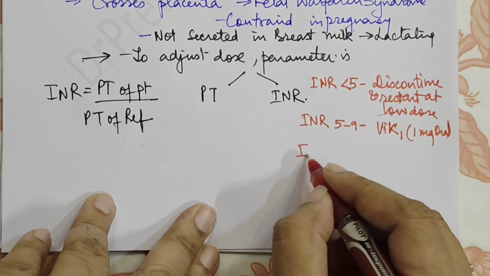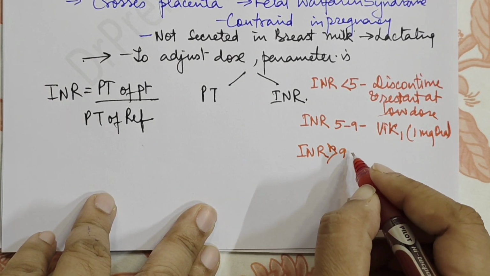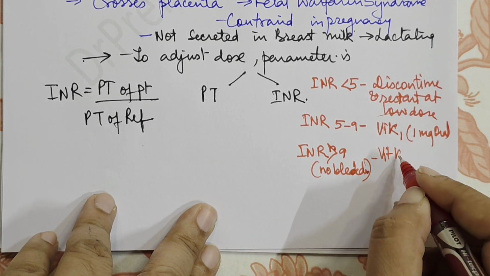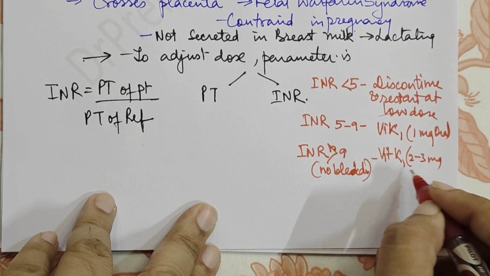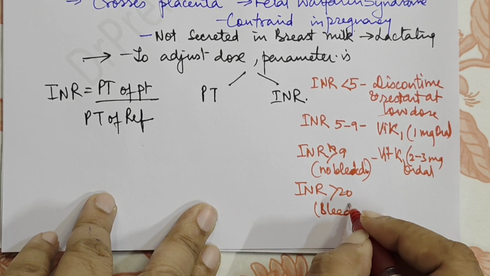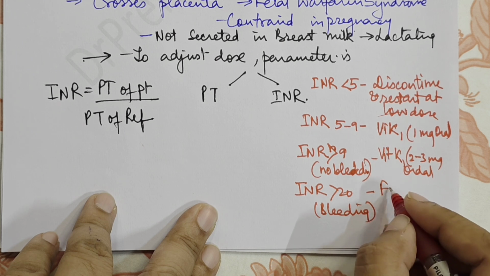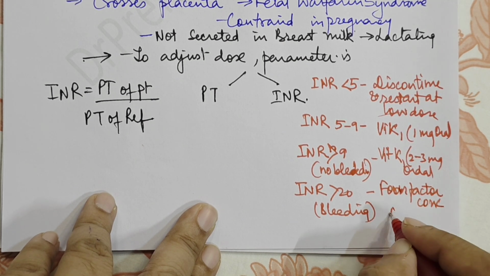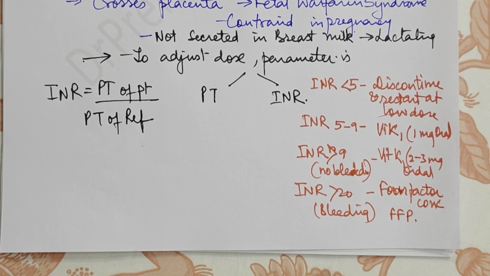If INR is more than 9 but there is no bleeding, then give vitamin K1 2 to 3 milligram oral. If INR is more than 20 and there is bleeding, then give 4 factor concentrate or fresh frozen plasma. So this is something about the INR.